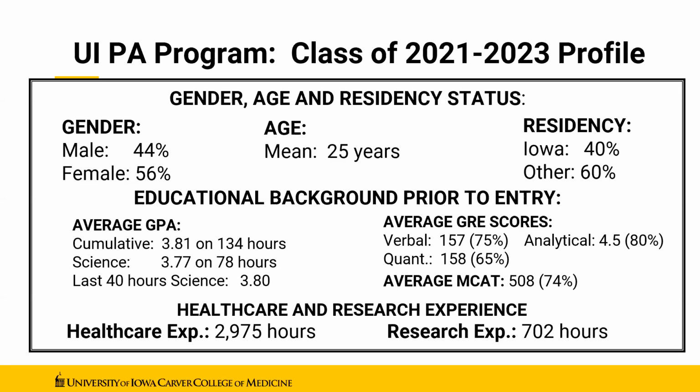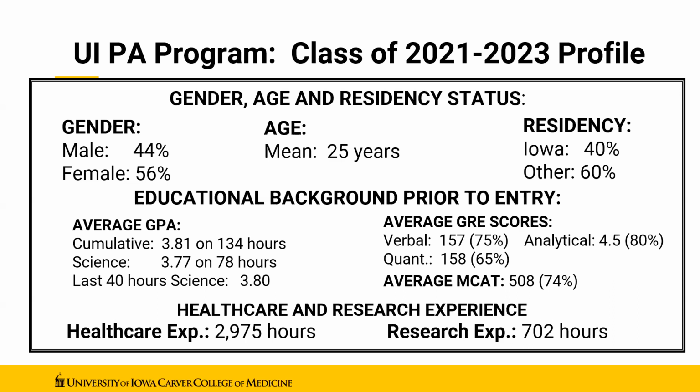Age, you will see, is a little bit older than an MD program, a PT program, a dental program, because a lot of times our students take 1 or 2 or more gap years to get experience, to retake courses, to take courses because they may have changed their academic journey a little bit later. So we tend to be a little bit older in terms of age. Residency, the majority of our students are out of state, and they have been out of state.